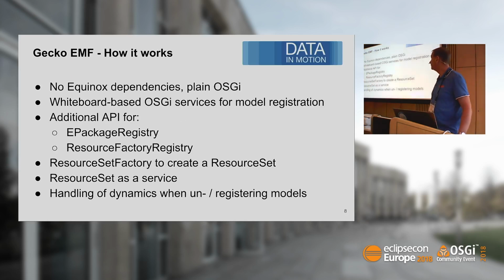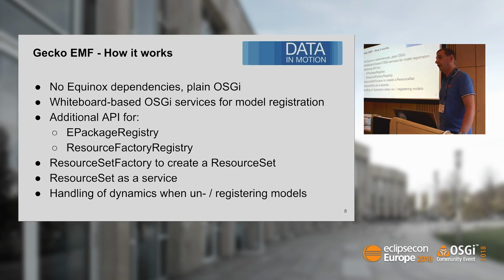So, how does it work? We have no Equinox dependencies. We just have the 3 dependencies to the Eclipse EMF bundles. That's all. We have a whiteboard-based OSGi service for the model registration.